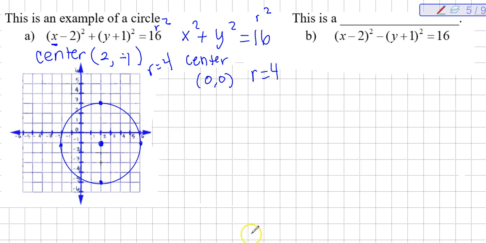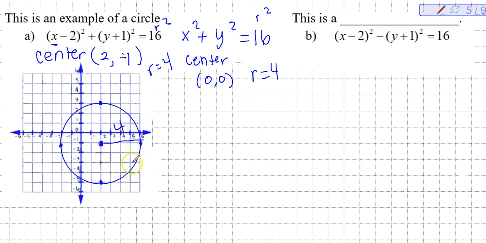Okay? I don't care if it's a wonky circle, as long as the center's in the right point and you've identified that the radius is 4. Okay? Got it? All right.